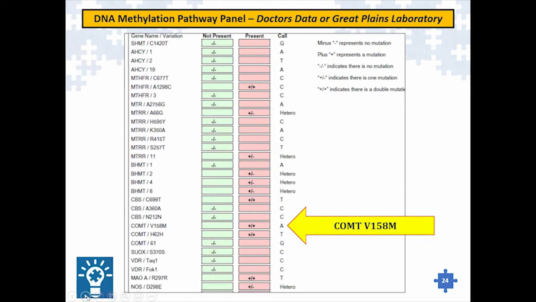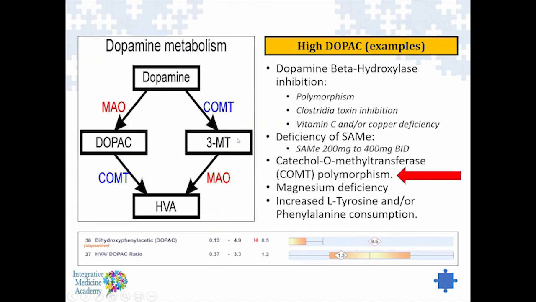Most of the mutations, or I should say polymorphisms, of COMT cause the enzyme to slow down. So when that enzyme is not functioning properly, in this particular example, if COMT is not functioning well, we can start to get an increase of DOPAC. Now, that would have to be figured out by doing additional testing.